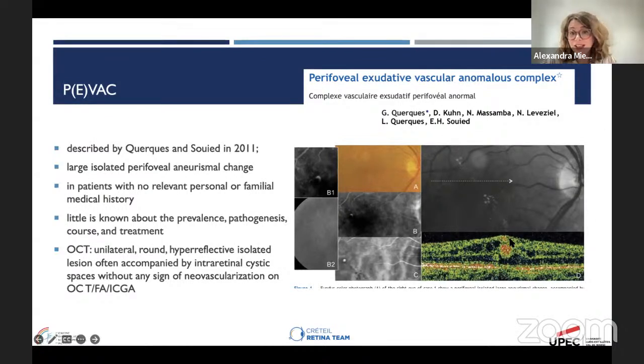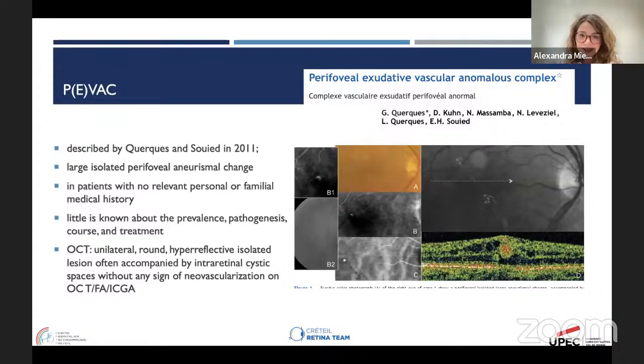And this PVAC lesion appears in patients with no relevant personal or familial medical history. So in patients that are otherwise healthy, we don't know many things about the prevalence, the pathogenesis, the course or treatment. There are a few articles on some series of PVAC of 15, 16 patients, but nothing larger than that.